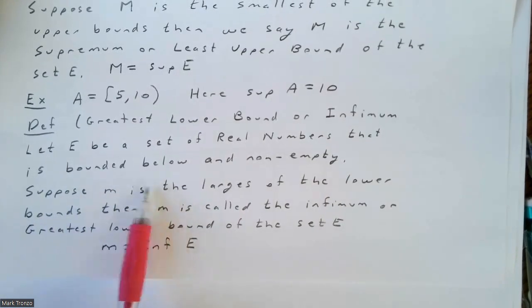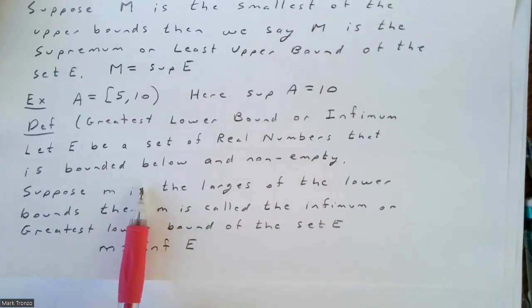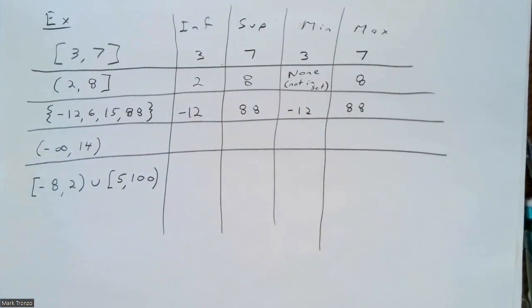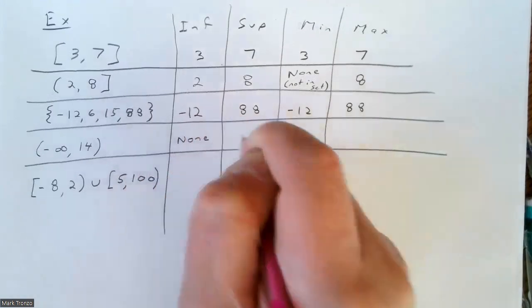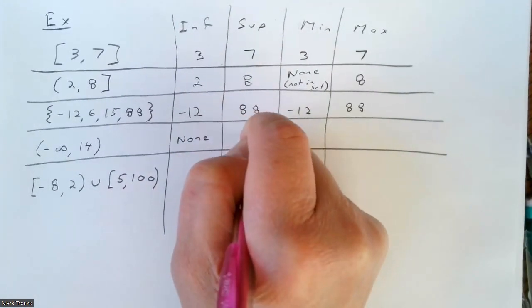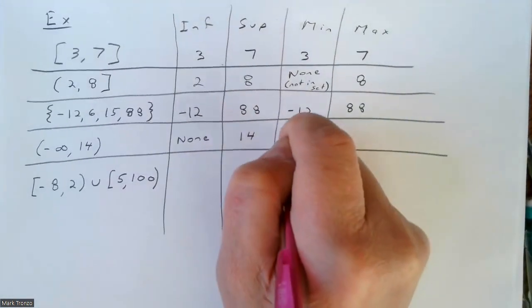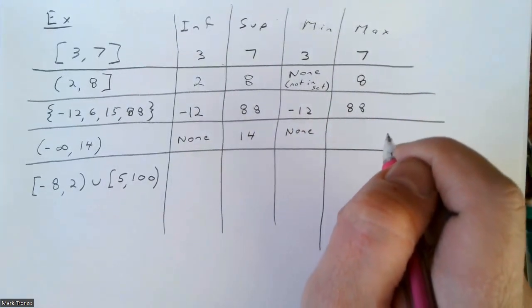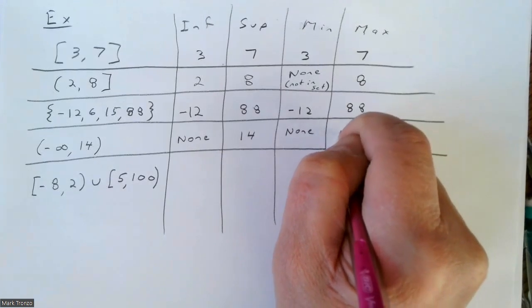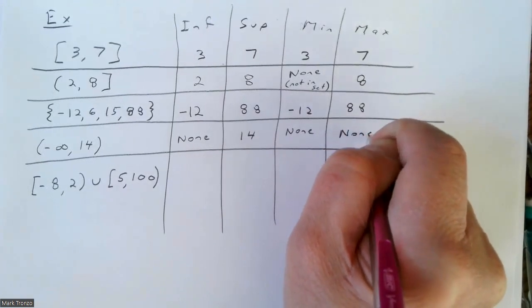Since it's not bounded below, there's no lower bound. We really don't have an inf. So this would be none. And then obviously the sup is 14, and obviously there's no min. And the maximum doesn't exist either, because 14 is not in the set.